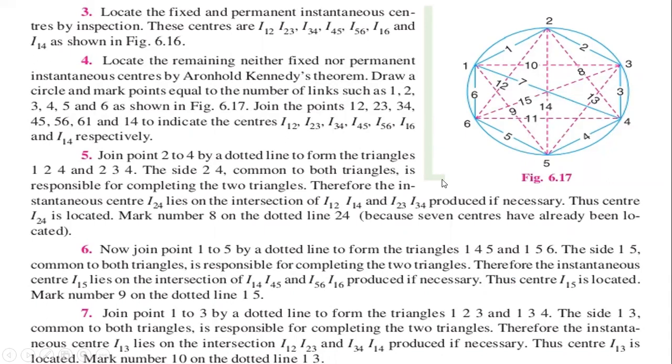Then join the point 2 to 4. So we are going to join this line, that is 2 to 4, by a dotted line to form the triangles 1, 2, 4 and 2, 3, 4.